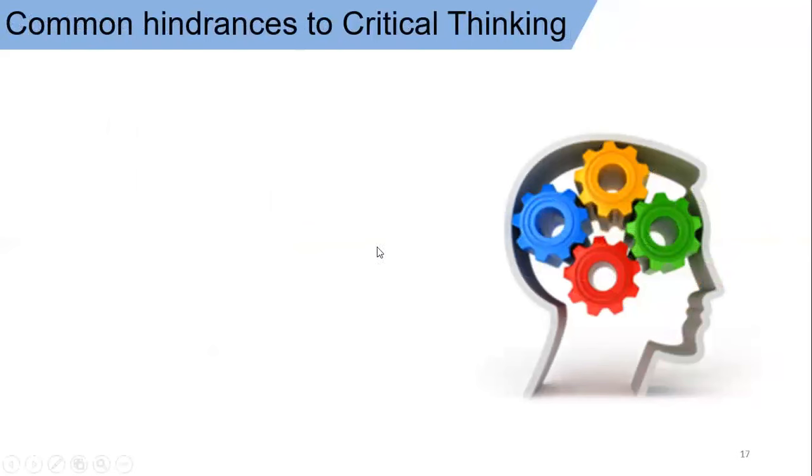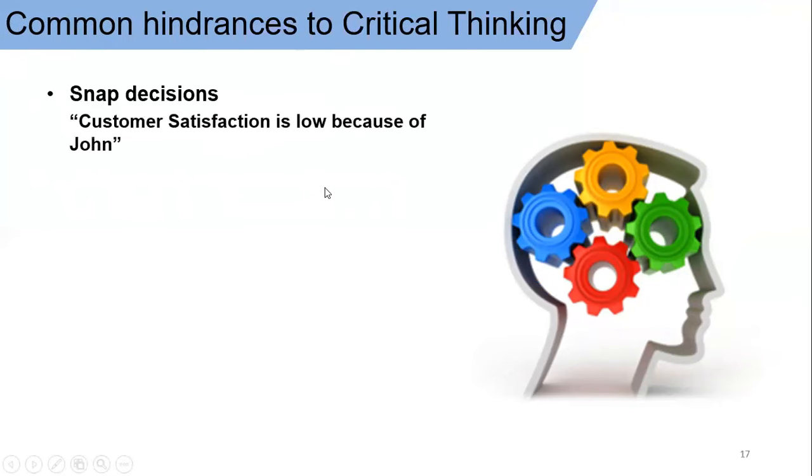So what are the hindrances to critical thinking? And I want to talk about some of the hindrances. One is extreme bias for action. So the exact opposite of paralysis for analysis is just the thought of taking very, very quick decisions. Like if sales are not going well, you attribute it to a particular person on the team. Say, for example, John, and you say that sales or customer satisfaction is low because of this one person.